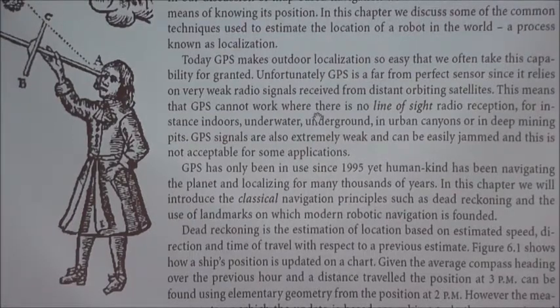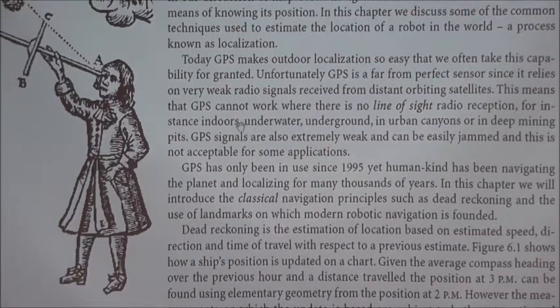It is based on a weak radio signal received from a distant orbiting satellite. This basically means that GPS can only work where there is line of sight radio reception.